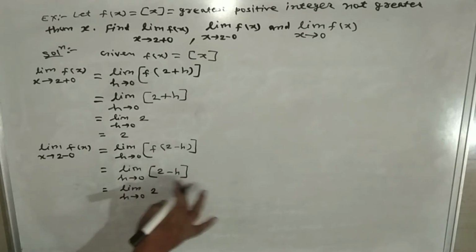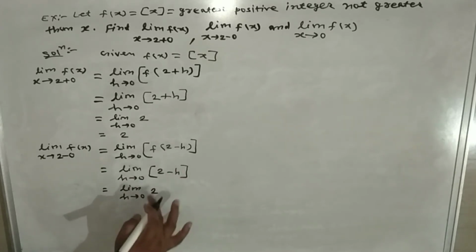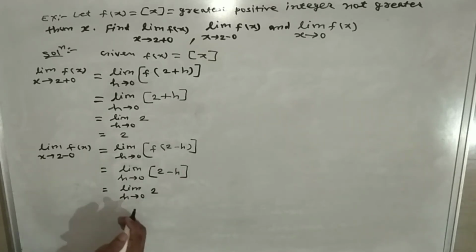H tends to 0, this will be 0. What we get? This is 2.